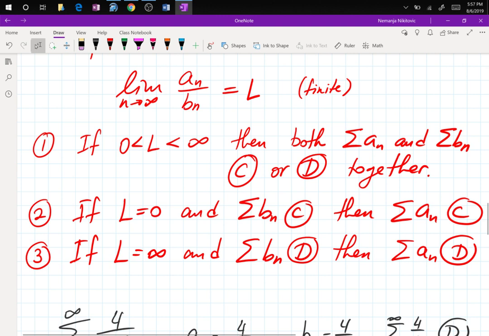But now I had it as 1 over n, it was divergent, so it doesn't fit number 2. It doesn't fit number 1 because it's 0. Number 1 is bigger than 0, as you can see. No equal sign there. And number 3 is infinity, but we got 0. So, in case we make a wrong choice, that wrong choice would not get you the limit to work out.